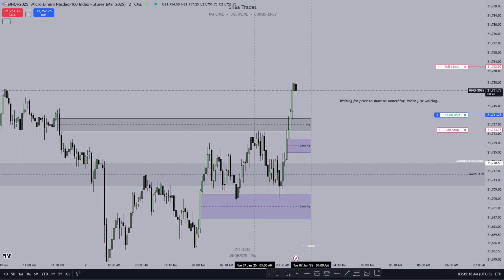Just outlining the macro there. So we're looking for price in around 5 minutes or so. Right now it's 3:45 a.m., like around 3:50. We're looking for price to spool.